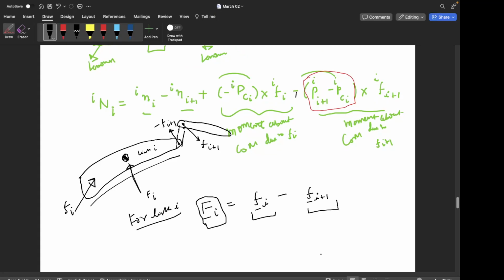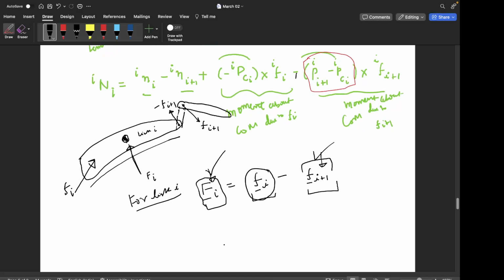So as I mentioned above, in this equation, when you do inward iteration, this will already be known because you are moving from n to 0. So this quantity will be known from outward iteration and you will get this Fi. Once you know this, you will again move to the link inside that.